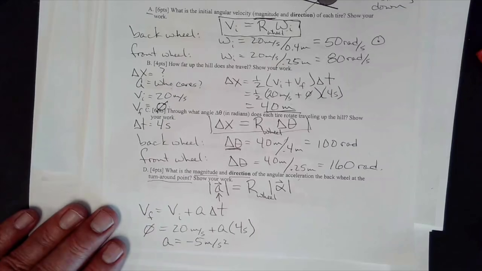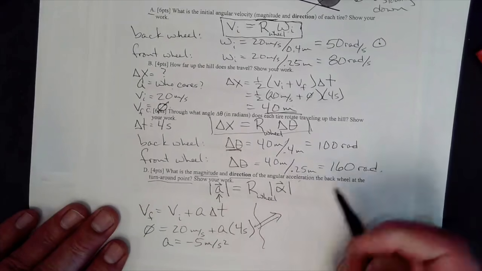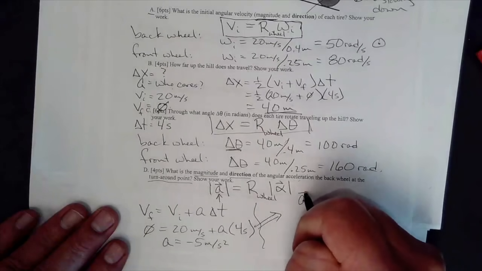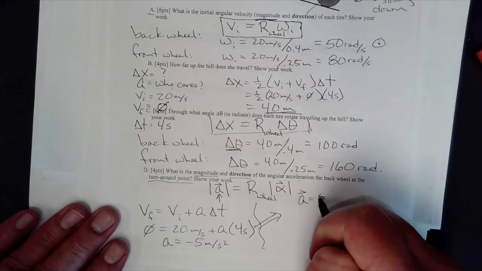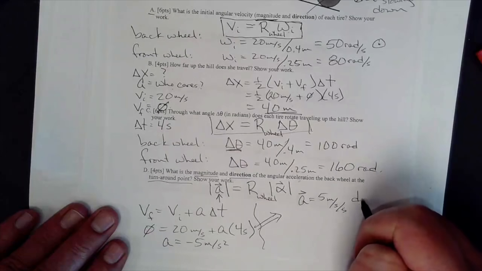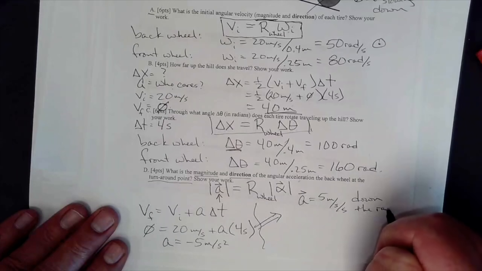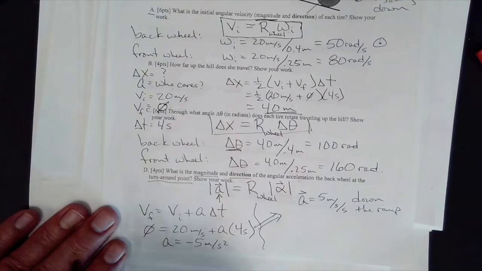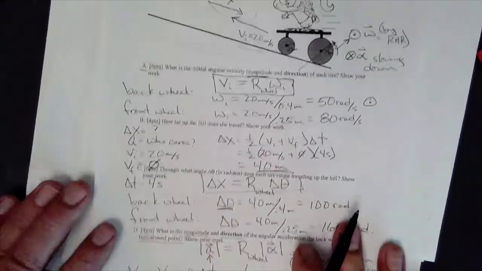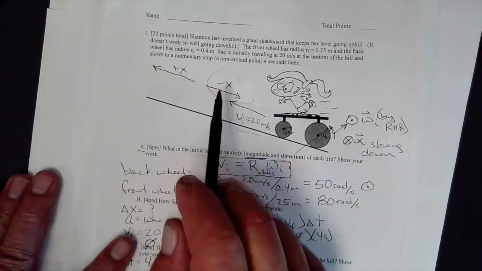Well, what does that mean? What that means is that the acceleration is 5 meters per second every second down the ramp. That minus sign, we set up our coordinate system such that the minus sign means down the ramp.